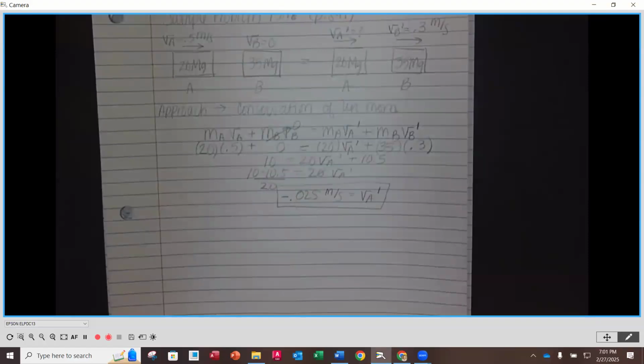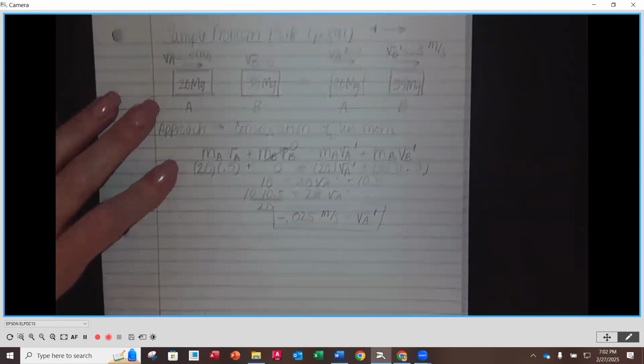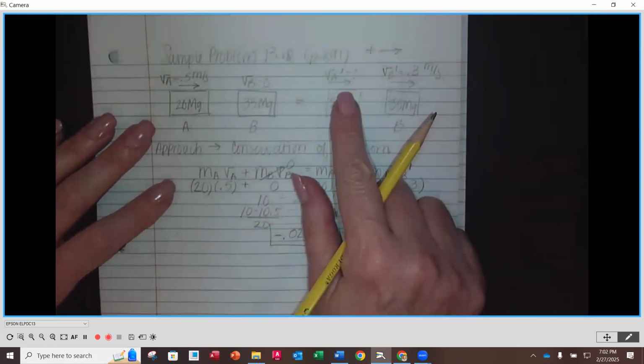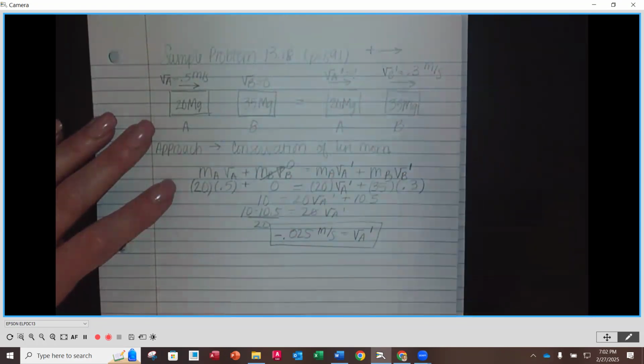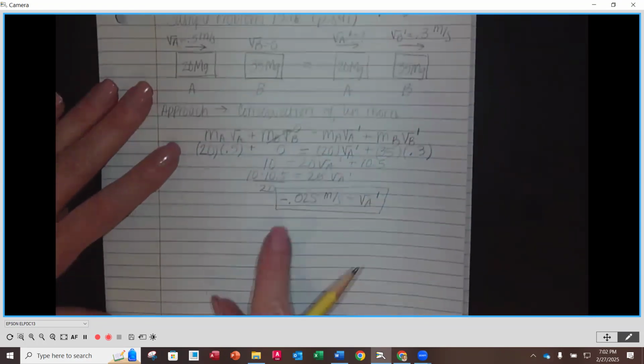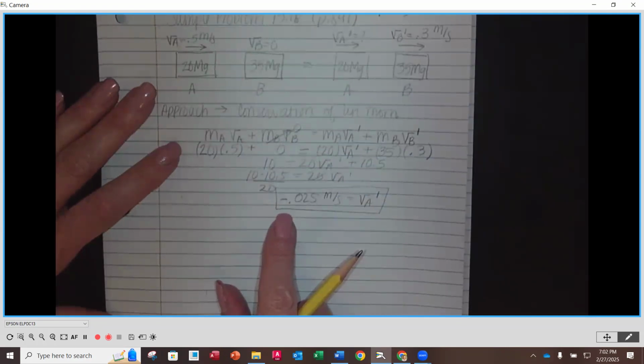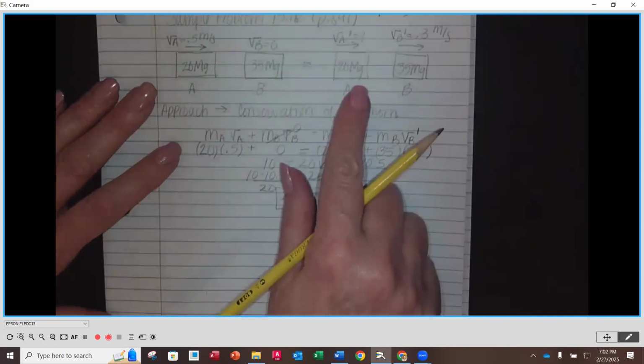All right. So at about this point, you're going to notice that you end up with a negative value for VA prime. Remember, momentum is a vector. And remember, we assumed we were going to the right. If you remember back in statics, we said if you end up with a negative value, that means that you didn't assume the right direction.